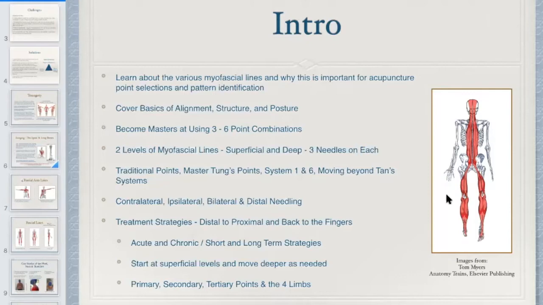But as I've looked at several programs and have known, worked with, and taught a lot of acupuncturists, many of us are much less knowledgeable about anatomy. And once you start to understand the anatomy of these myofascial lines, it's really going to help you understand a lot of different things, such as needle depth, needle angles, insertions, and just the anatomy itself, as well as how this relates to structure and function.